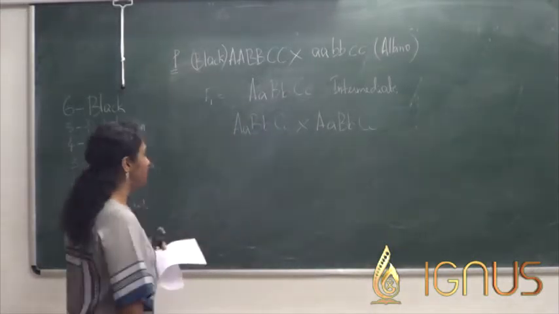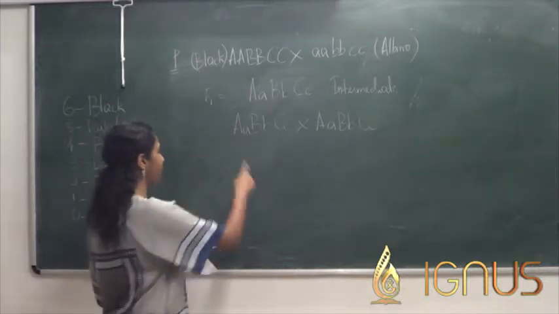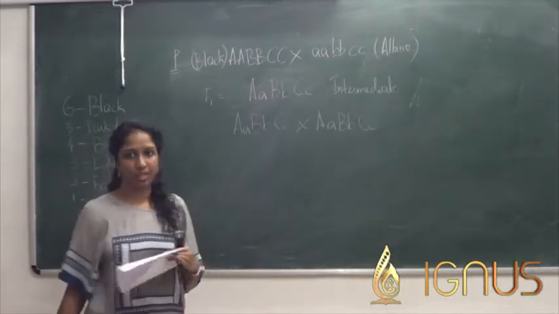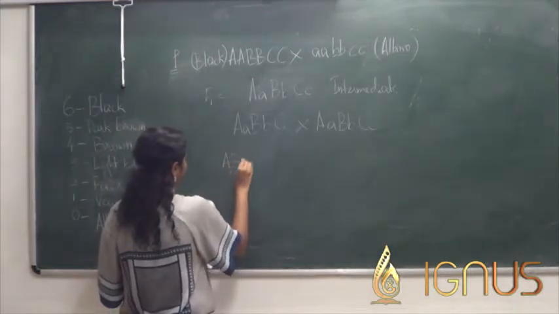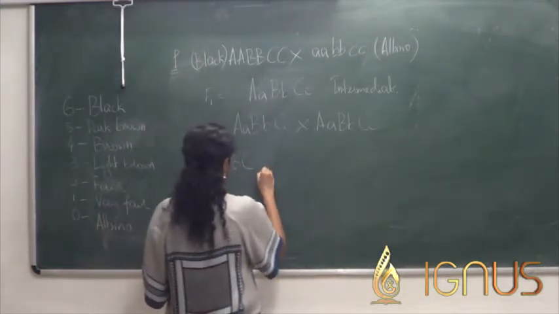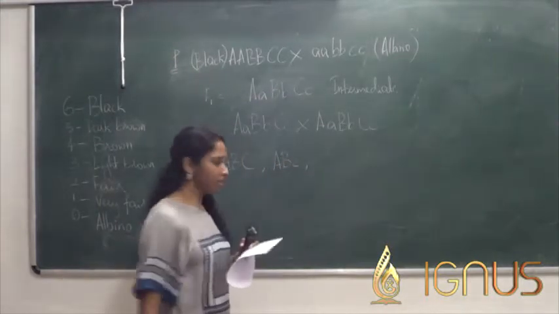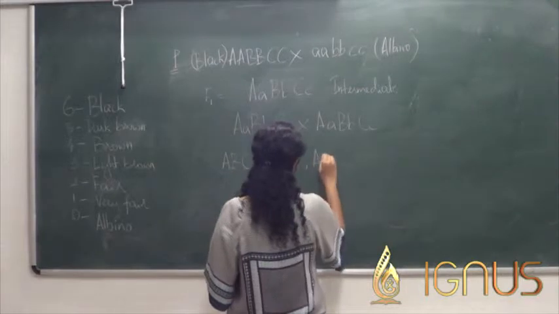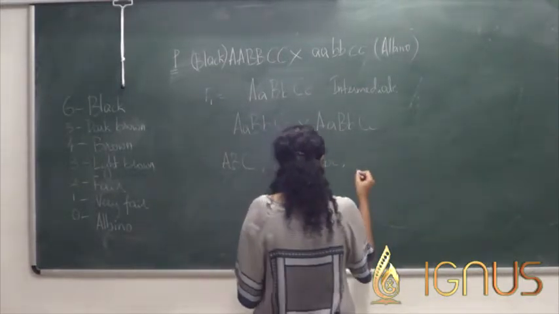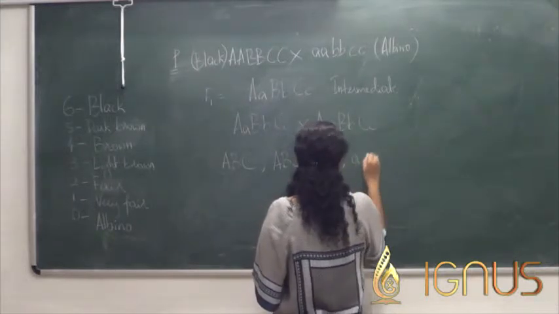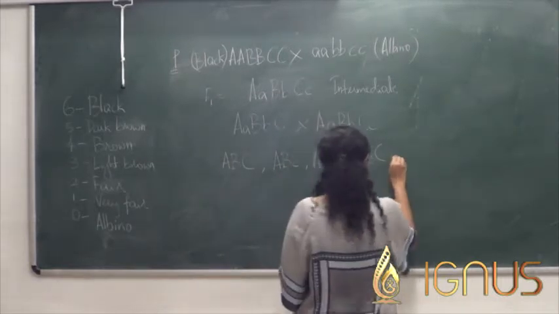Okay, so the gametes that you are going to get out of this will be 8, because you have 3 different heterozygous genes. So the first gamete you have is all dominant. The next one will be with 1 recessive. The next one will be with 2 recessive. The next one is going to be with 1 recessive and 2 dominant in this way.